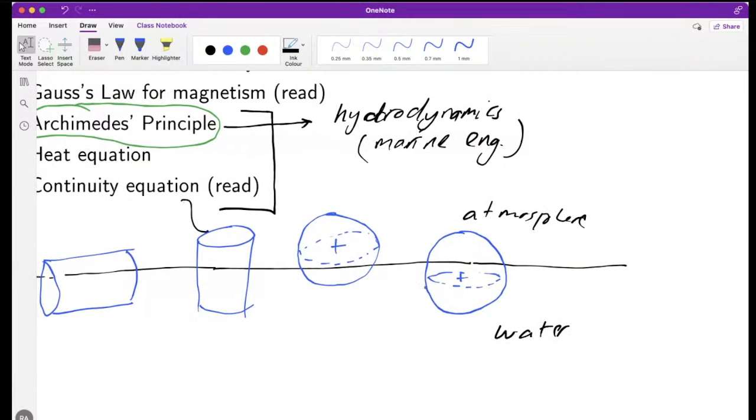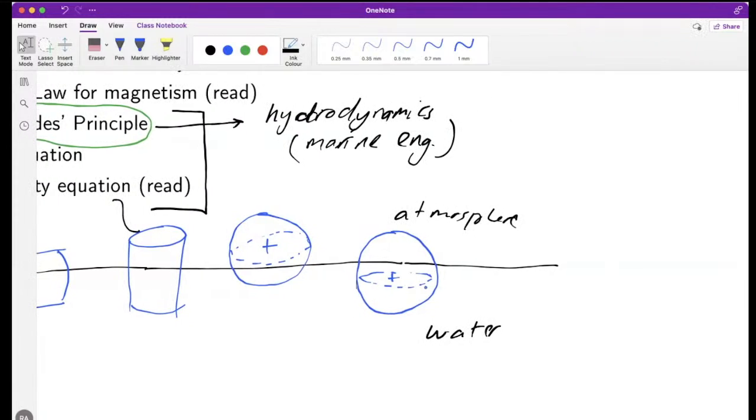What other shapes? I also have sometimes a cone. This is a cone.